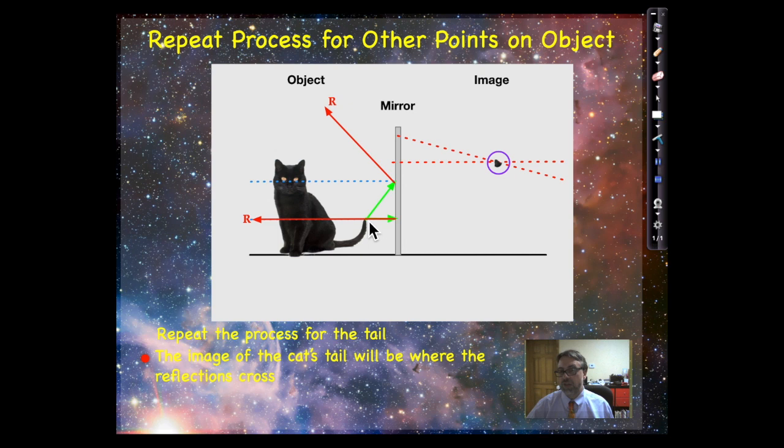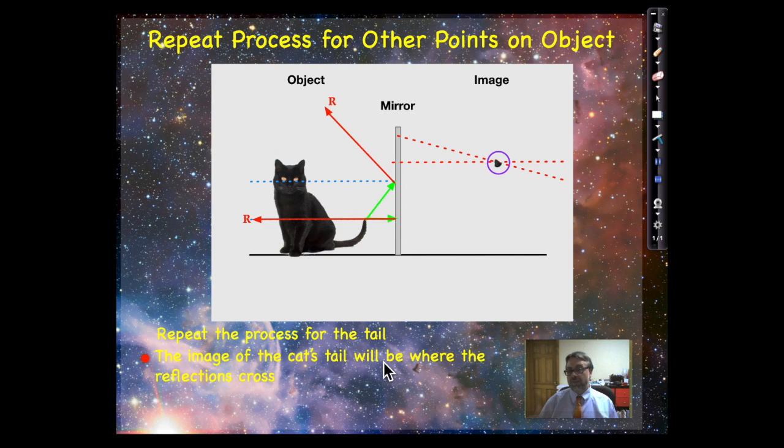Again, I chose a ray that went straight along the normal line, so no angle of incidence, and so the reflection will come back with no angle and bounce right back along itself. And again, I was careful measuring the angle here between this blue normal line and this green incoming light, to make sure I get the reflection in the correct location.